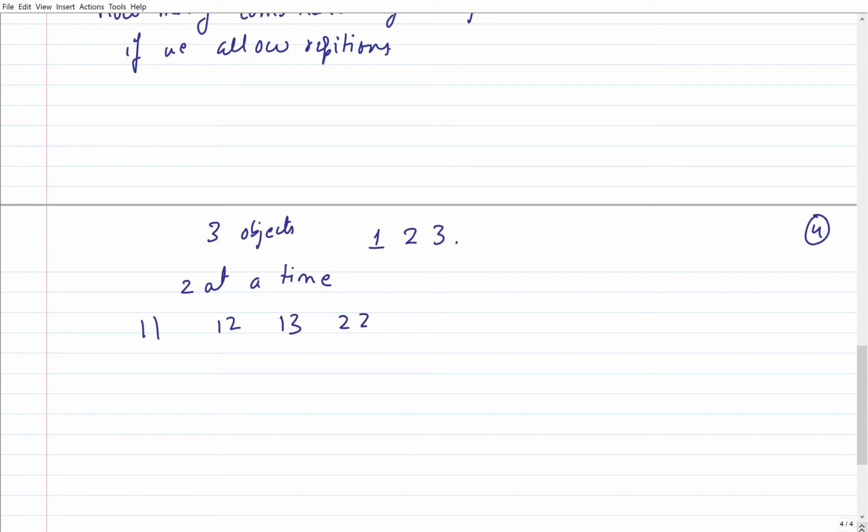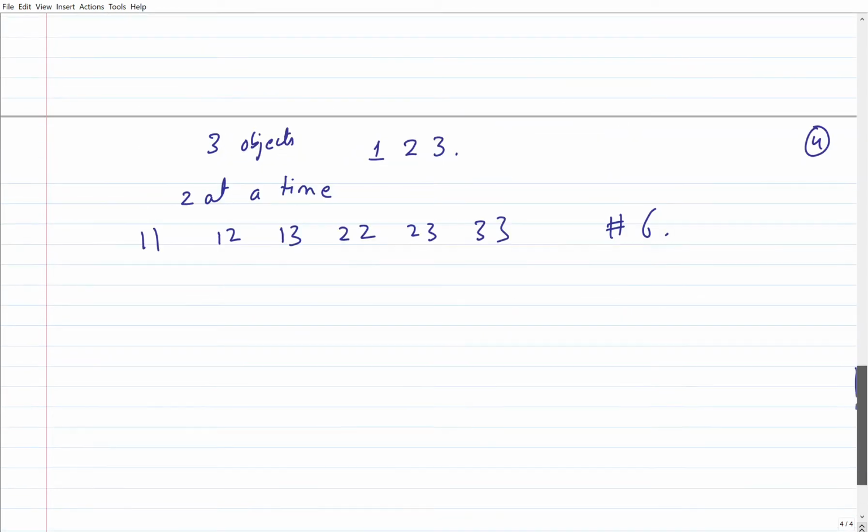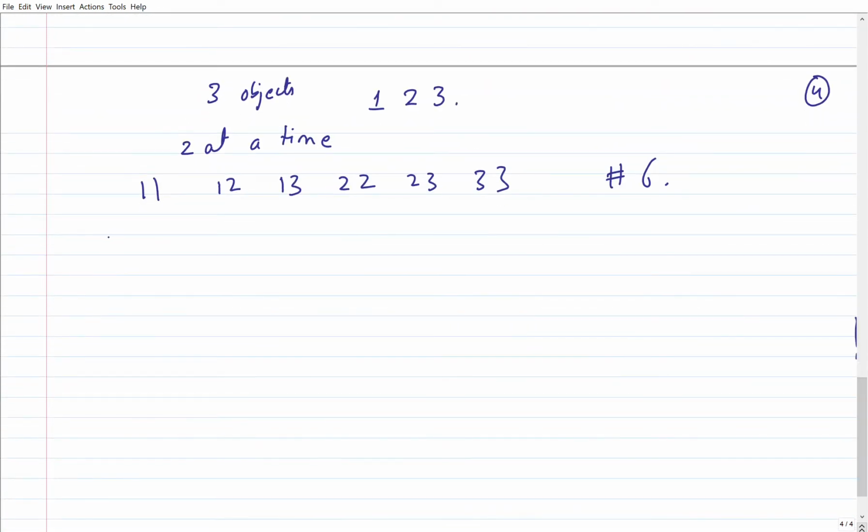Remember, I am allowing the repetitions: 2 2, 2 3, 3 3. So the number is 6. How do we derive a general formula for the above?